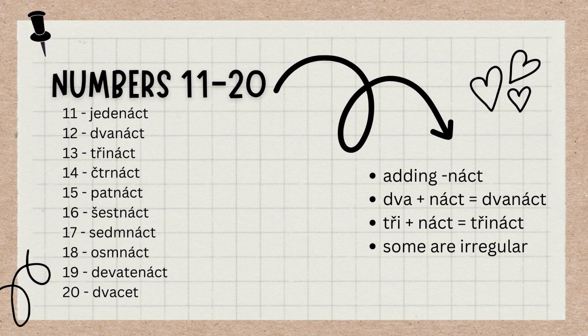Let's go higher so you can actually say what age you are. Jedenáct. Dvanáct. Třináct. Čtrnáct. Patnáct.